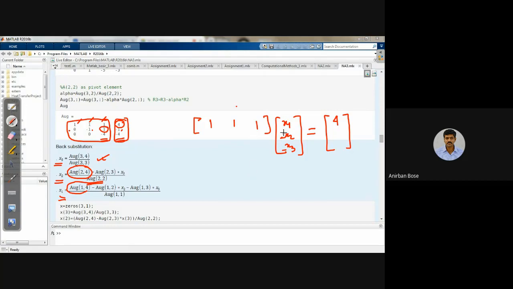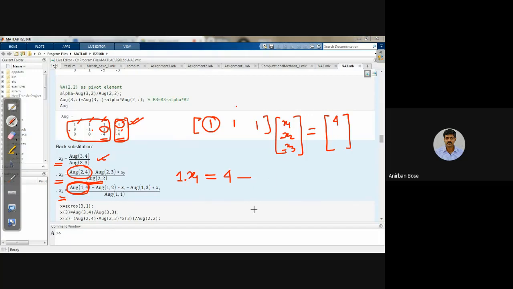To find out x1, the technique is, 1 into x1. Then how are you going to write it? Try to observe first. Whatever is there in the augmented matrix, that is augmented 1 4 minus something, that is clear. So 4 minus something we want to write.